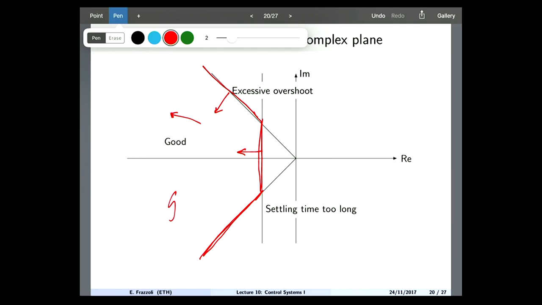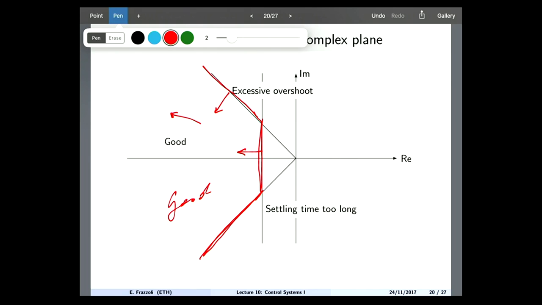So this is the good region. Yeah, you want your dominant closed loop poles there. So of all the branches of the root locus, pick the two that remain closer to the origin in a sense, and make sure that those ones are within this region, okay?